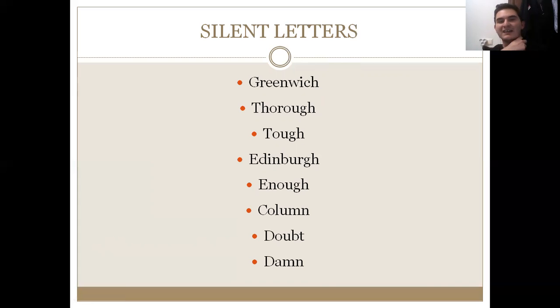I pronounced this word for quite some time as Greenwich. If you're not from Britain, or you're a non-native speaker, or from America, you would also say Greenwich, I guess. But it's actually pronounced Greenwich. The E vowel is dropped, and the W is not said. It's like that for some reason.